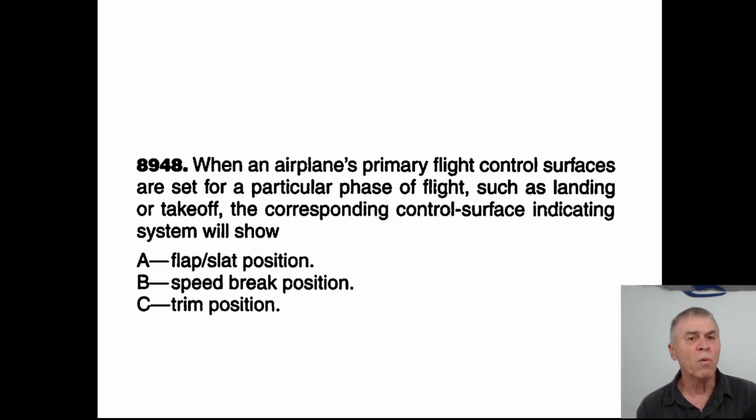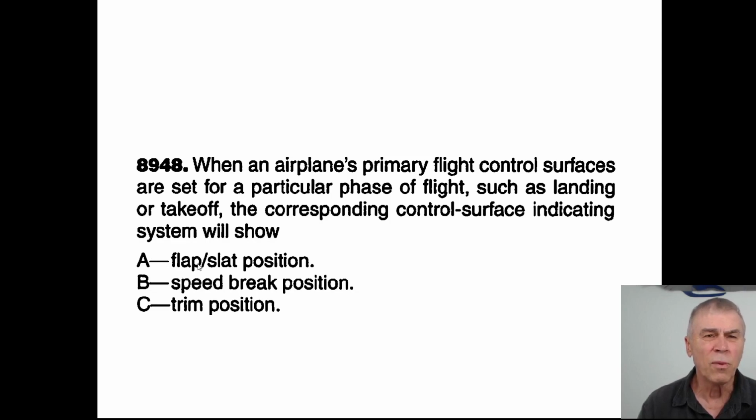Well, trim should be one. Flap and slat, you're mostly talking about control surfaces. Even though flaps look a lot like a control surface, they're mostly like an extended wing. The control surfaces you don't use them to control. I mean, you control your speed a little bit for takeoff and landing, but you do not use it to move about the three axes. So which one am I eliminating with that?